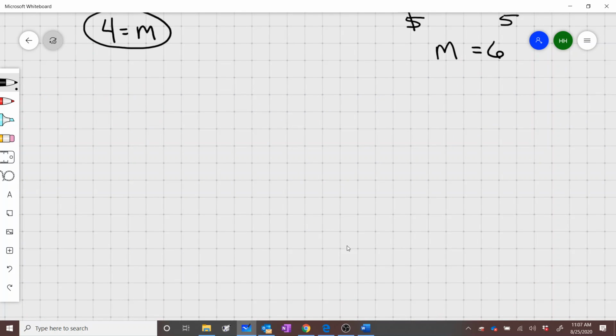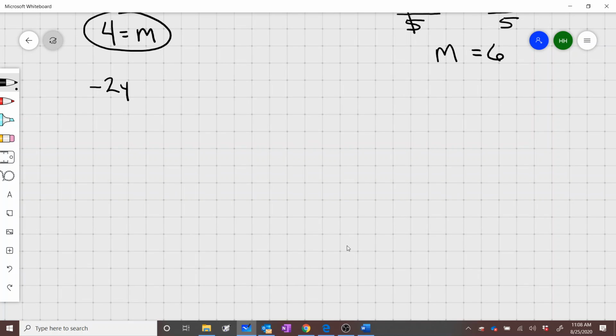Let's do a negative 2y plus 5 plus 5y, and we're going to make that equal to 14.